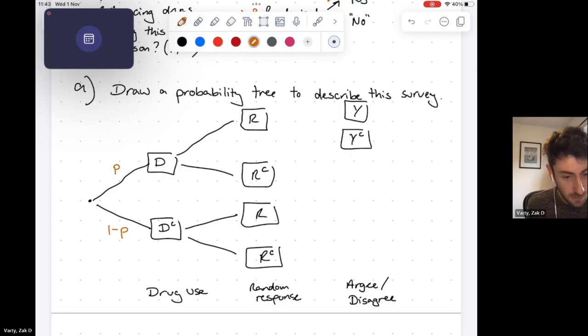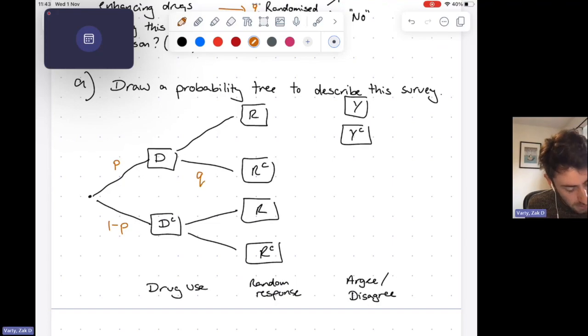They respond directly with probability Q and in a randomized manner with probability 1 minus Q. And that's going to be the same regardless of whether or not the student has actually taken study drugs.